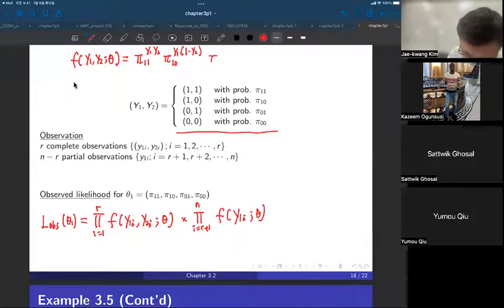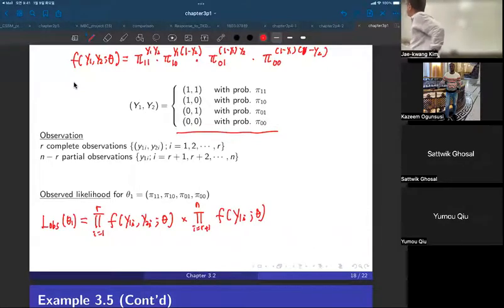And pi 0,1, you have 1 minus y1, y2. Pi 0,0, you have 1 minus y1, 1 minus y2. Because we know, right? Because y1, y2 are all either 1 or 0.